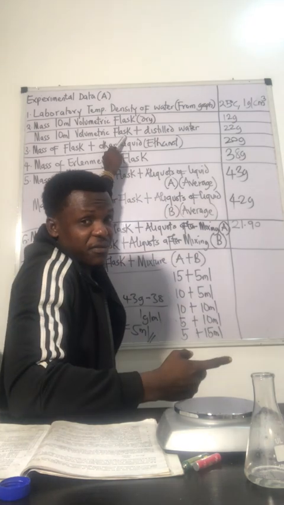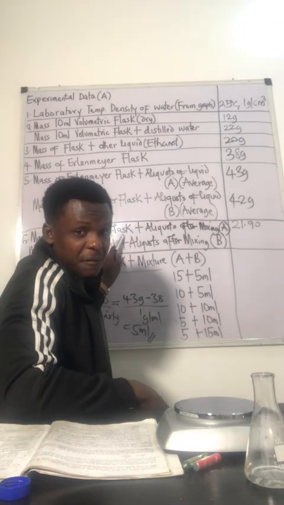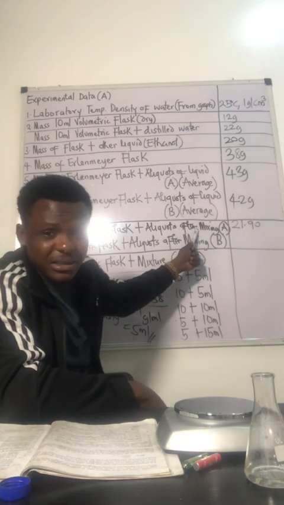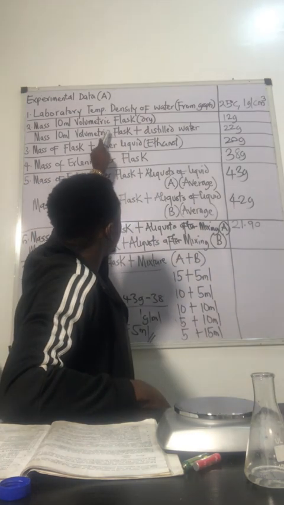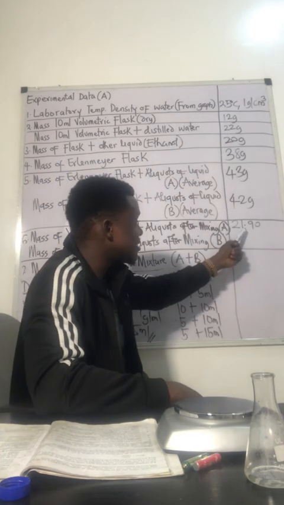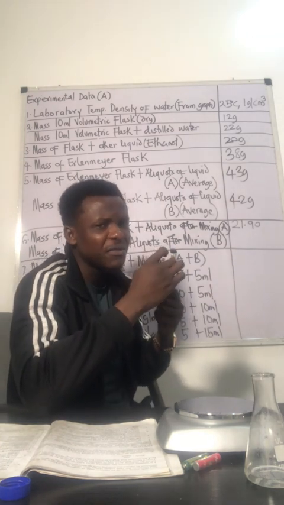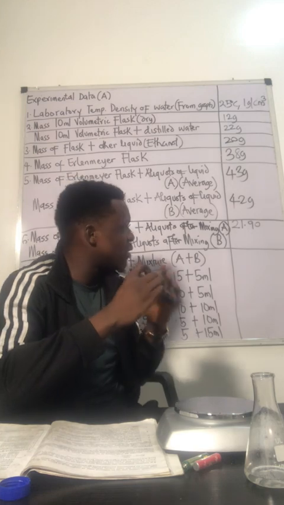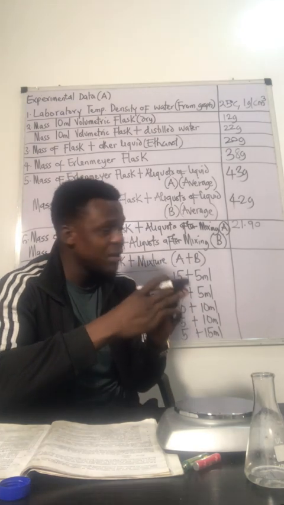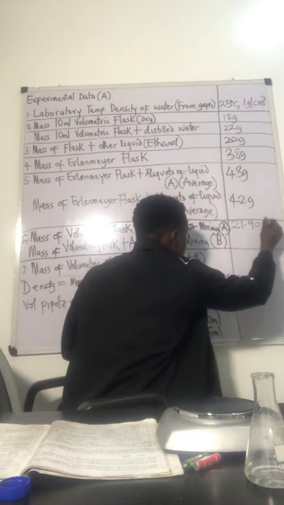You see, the same volumetric flask that we're making use of in number 2 is what we're still going to use in number 6. So instead of carrying out procedure 6, you can just come back to the value you got for 2II, that is 22. You could choose to rewrite exactly the same, or you could decide to increase or reduce the value a little. I wouldn't want to write 22 exactly, so I will opt to write 21.90 grams.